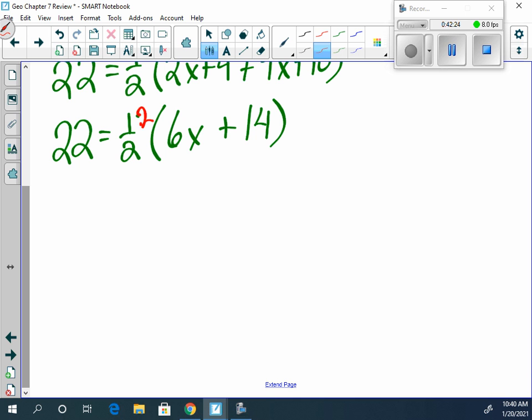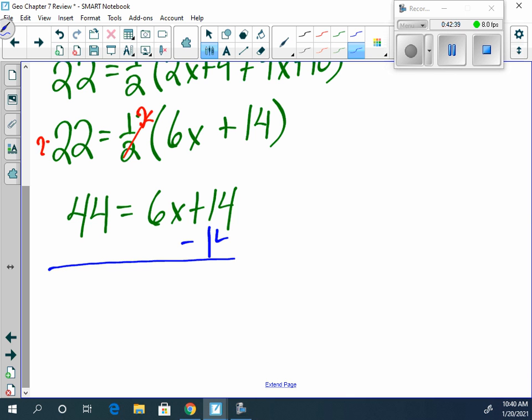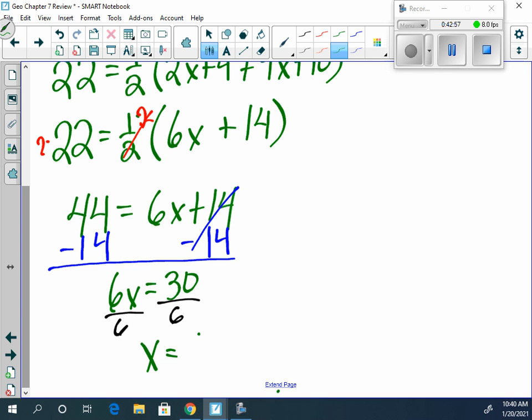Now I can do the same thing. I can multiply both sides by 2 because those will cancel. And 22 times 2 would give us 44. Minus 14 from both sides, those will cancel, leaving us with 6x is equal to 30. Divide both sides by 6, which will tell us x is equal to 5.